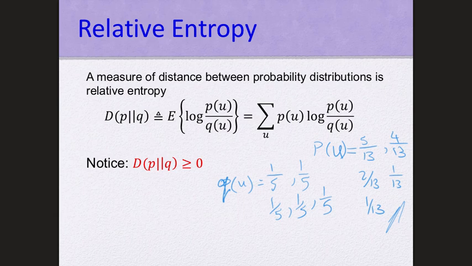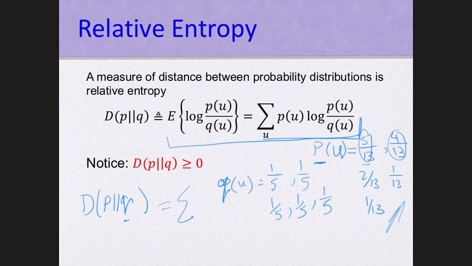Okay, the comparison here is going to be carried out by going through this formula. So the distance between P and Q, with reference to Q, so Q comes as the second, is going to be equal to the summation of the probability P multiplied by log to the base 2 of the probability P over the probability Q. So this is going to look like this, okay?